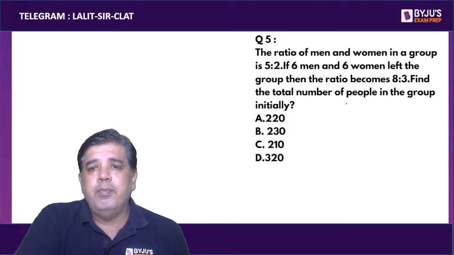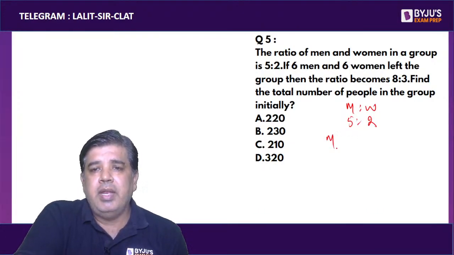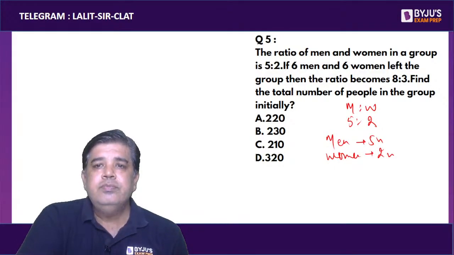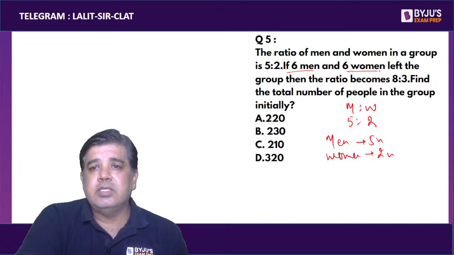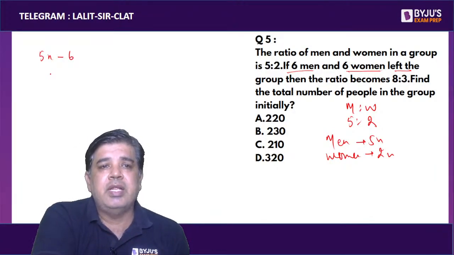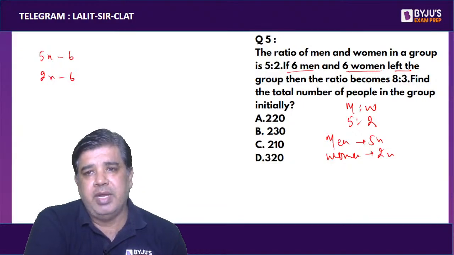The ratio of men to women in a group is 5:2, means men are 5x, women are 2x. 6 men and 6 women left the group, means now men are 5x minus 6, women are 2x minus 6.